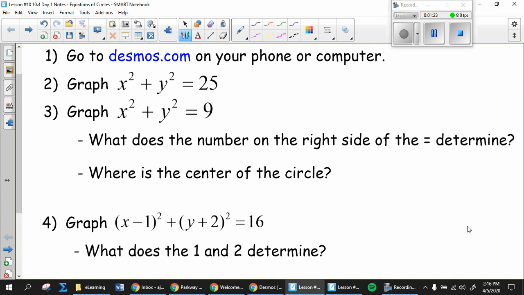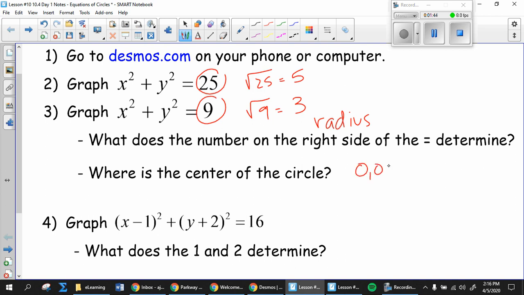And so when we think about these 2 questions, this number over here is going to determine our radius. When we square root that number, that gives us our radius. The second question, where is the center? The center is at the origin, 0, 0.